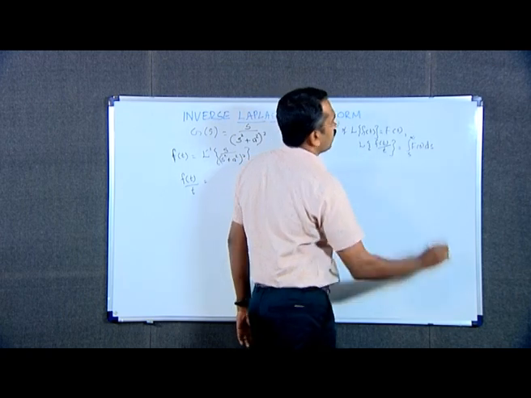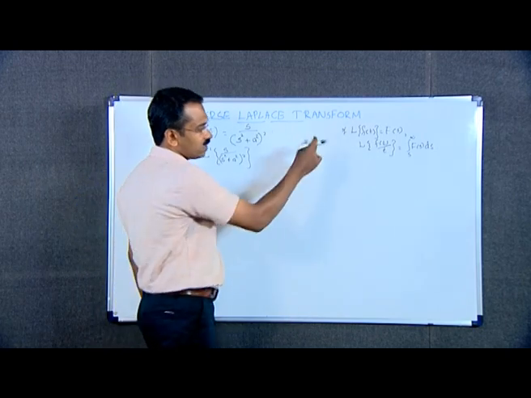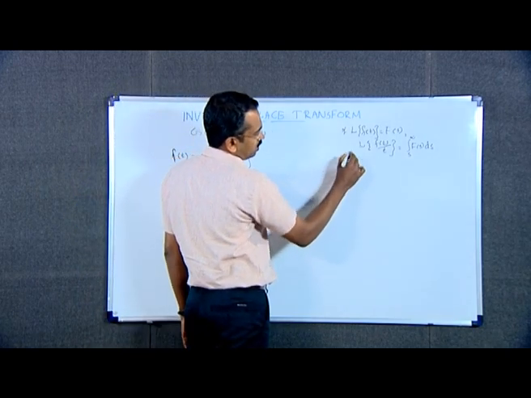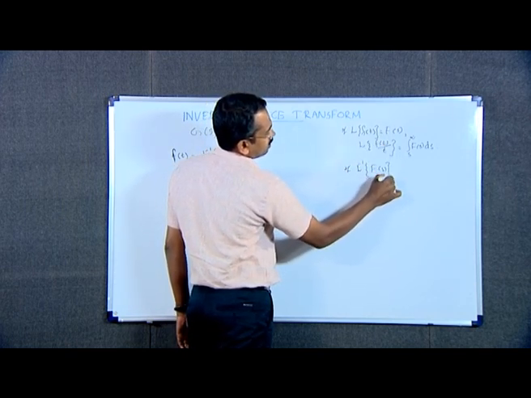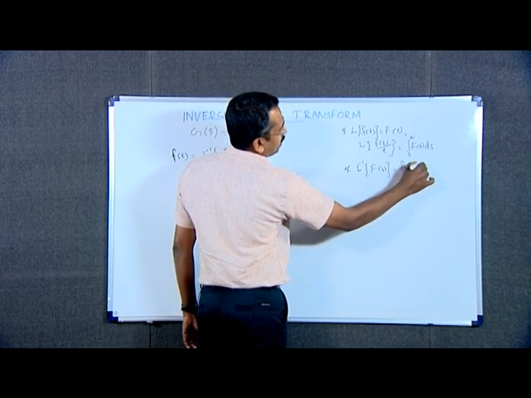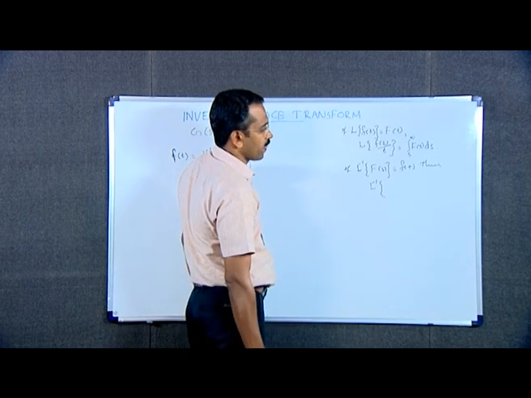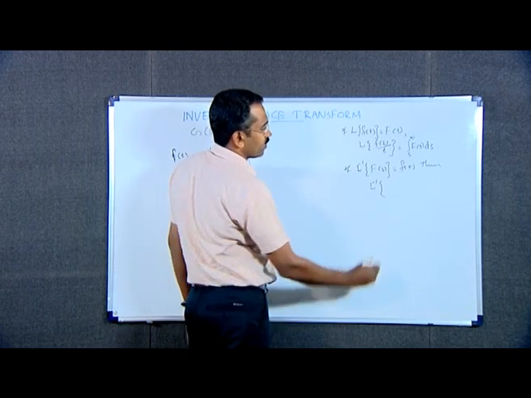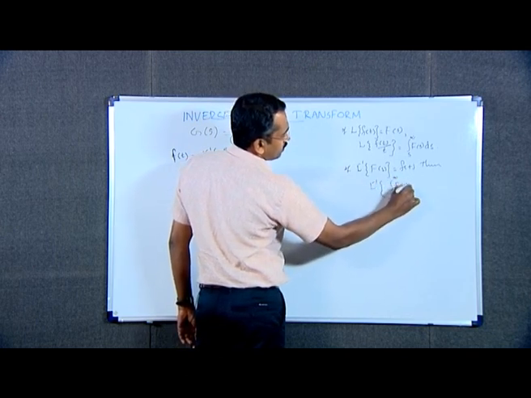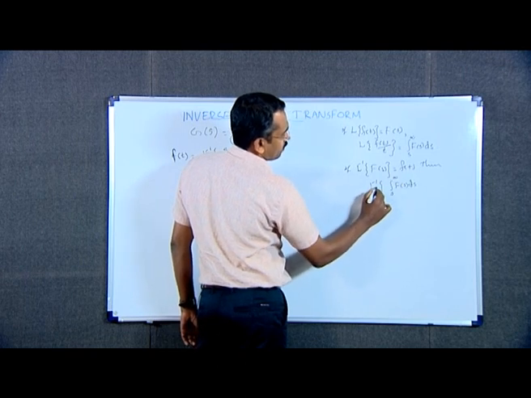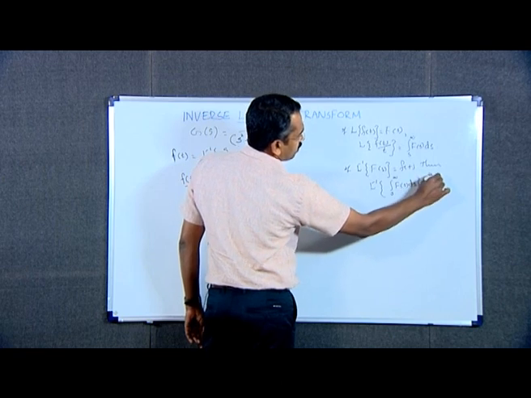This is the property of division by t in the Laplace transform. Consider the inverses. That is, if L inverse of f of s is equal to f of t, then L inverse of integral from s to infinity f of s ds is equal to f of t divided by t.